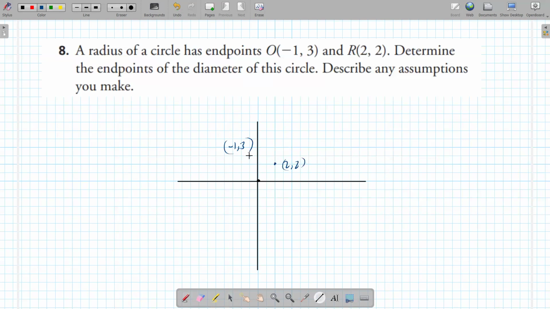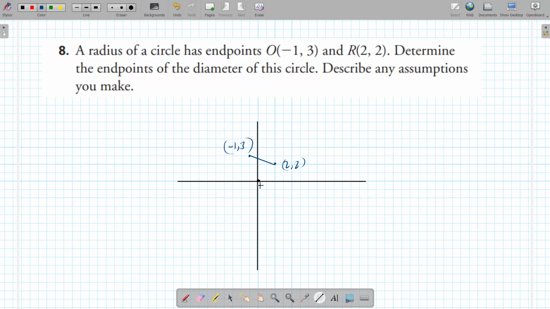So this is the radius of the circle. Now it says determine the endpoints of the diameter of this circle.